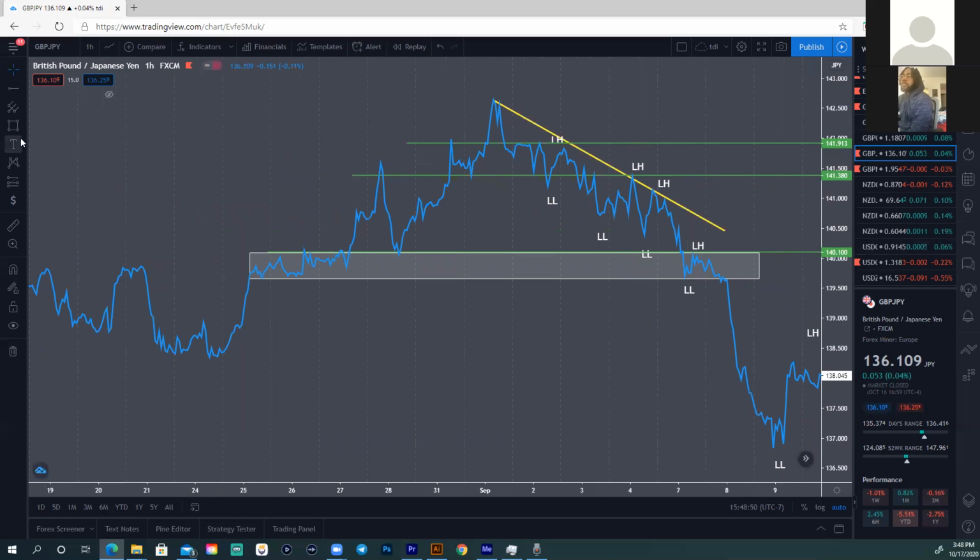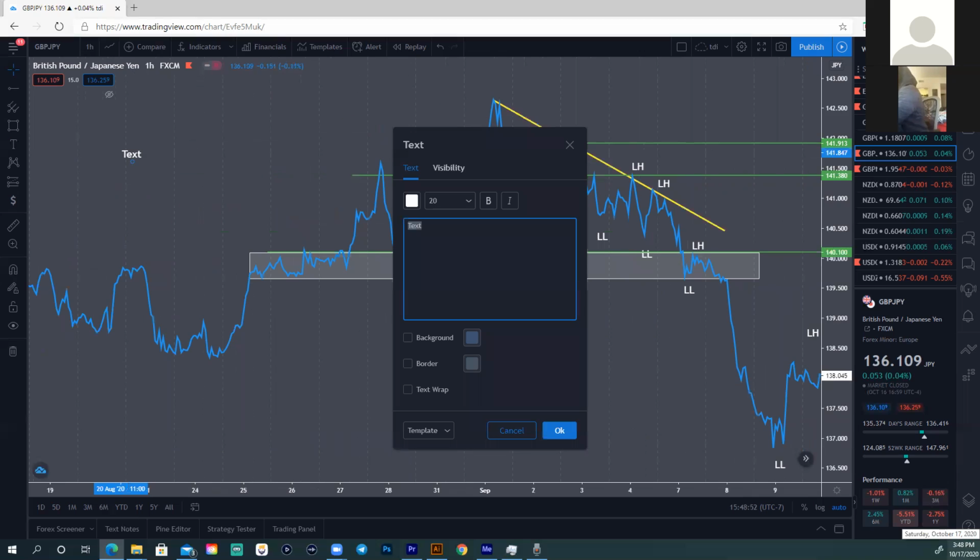Then I'm gonna add a little sauce to this and tell y'all this. Supply and demand zones usually result in consolidation. Okay.